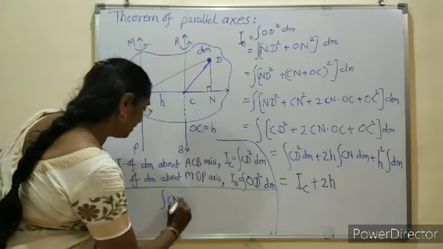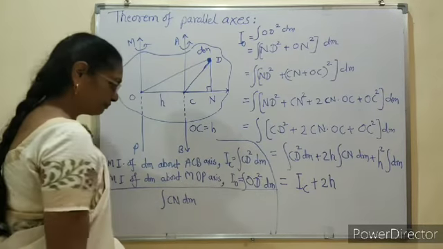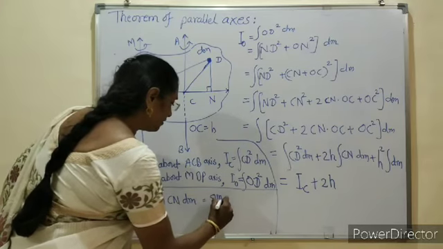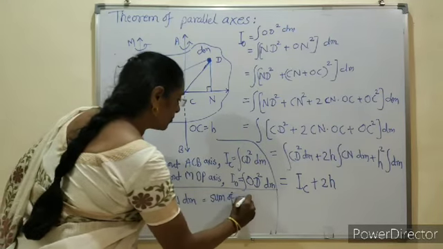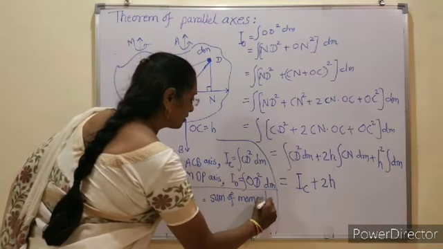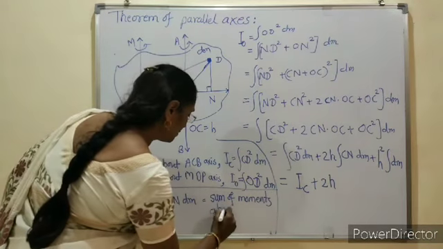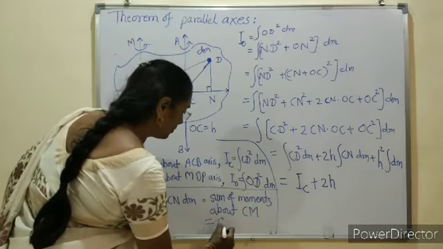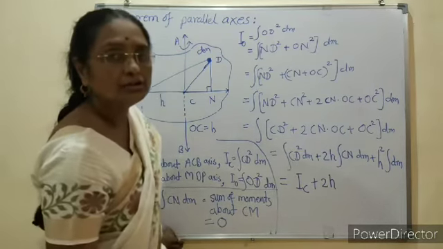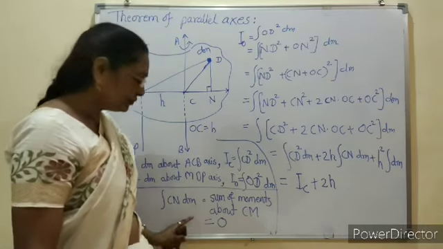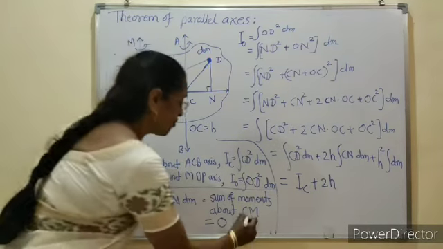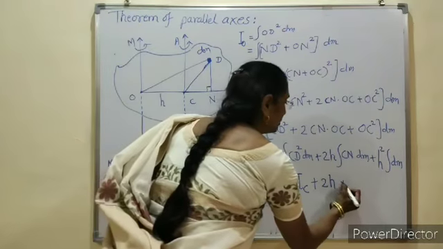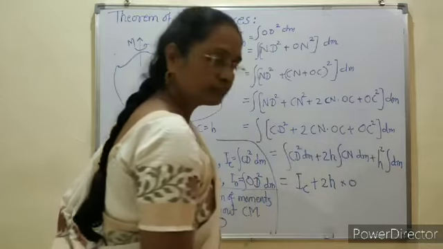The integration of CN dm represents the sum of moments about the center of mass, and it is equal to 0 by the points which we have discussed for the center of mass. So this term is equal to 0.